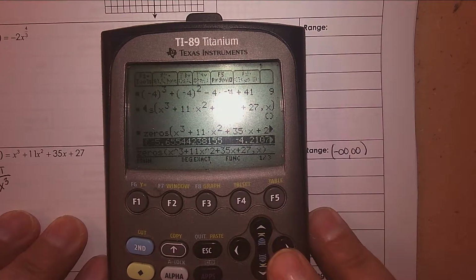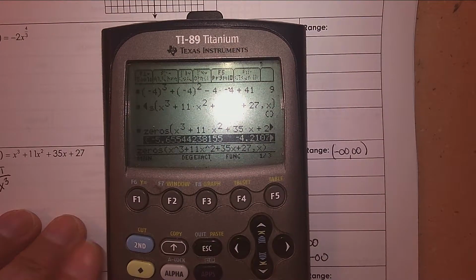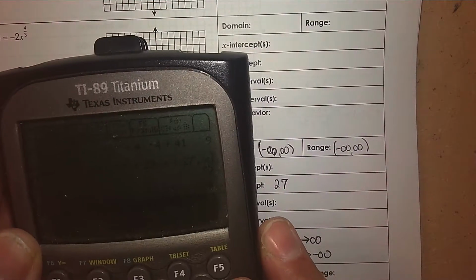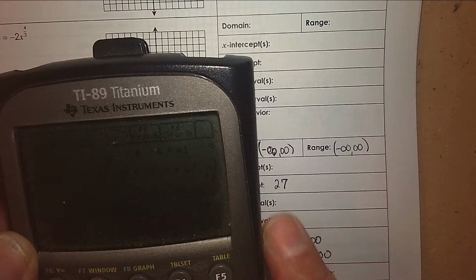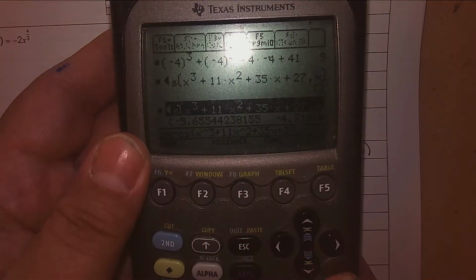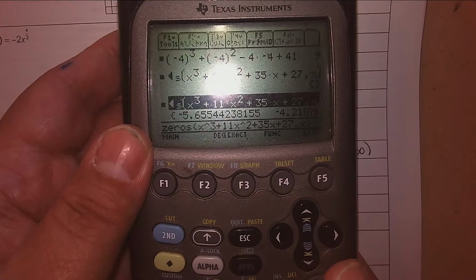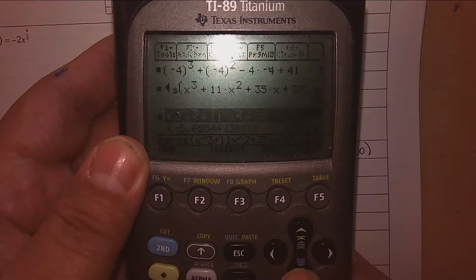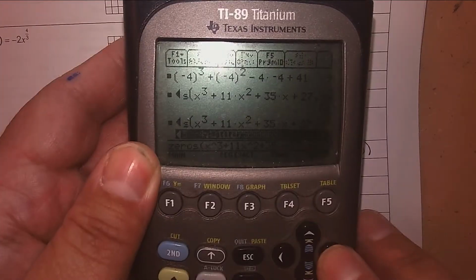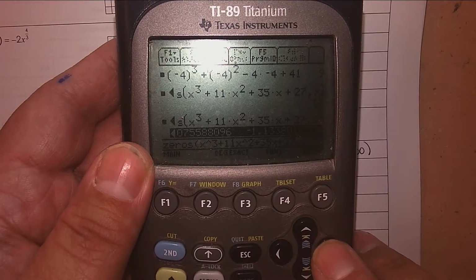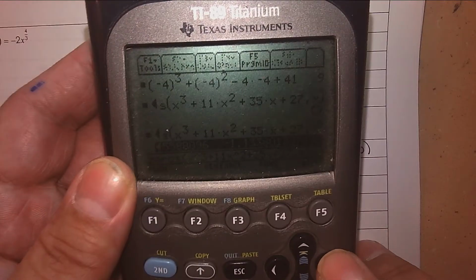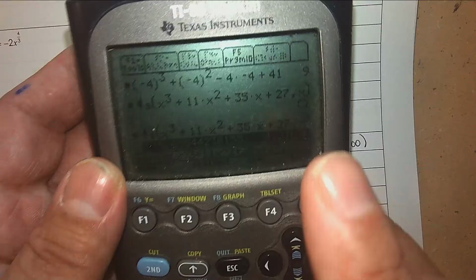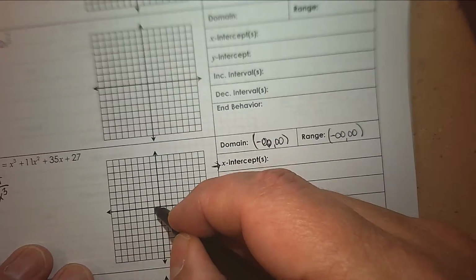So, I went diamond and then enter to approximate it. And so what are the approximate ones that you would get? Did you get those numbers? Yeah. Negative 5.6 and negative 4.2 and negative 1? Those are the ones we got, right? So can we put those on our graph? So approximately negative 5.6. So approximate where that would be.